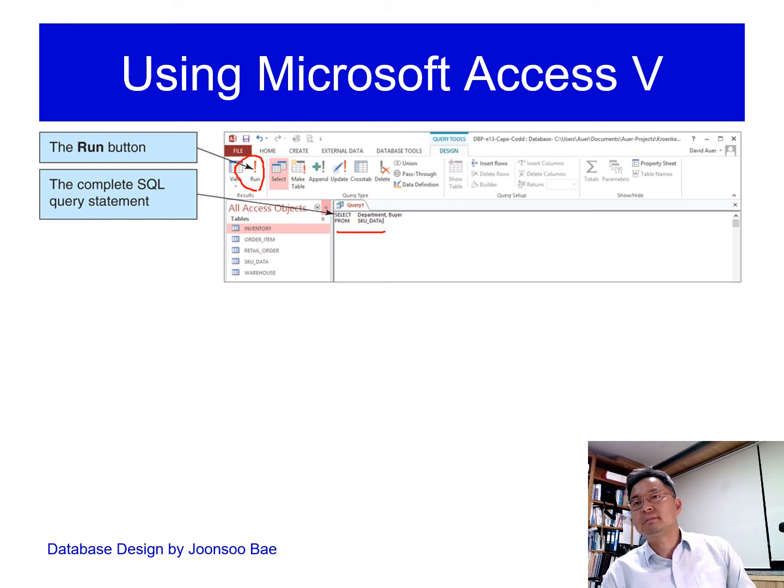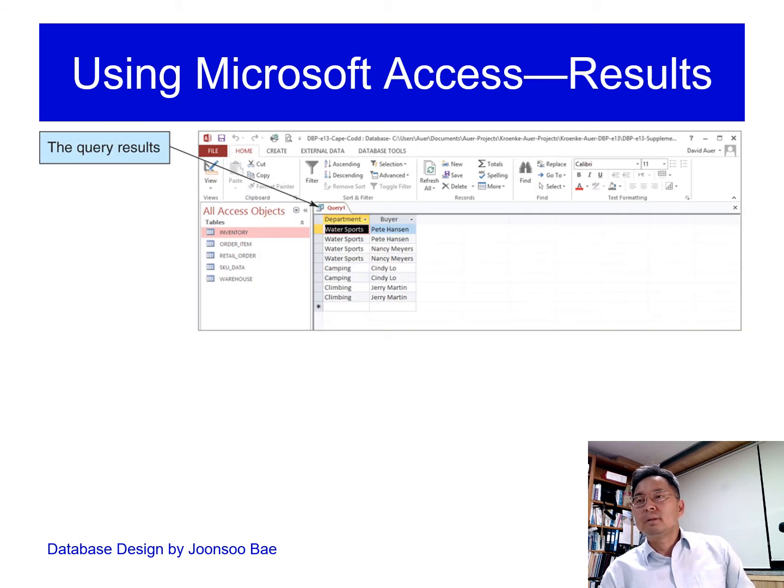This exclamation symbol means run or execute the SQL statement here. Then the result will be shown in the right window here. The result is the same as our slide, and we can check this result is the same as our experiment in the next video.